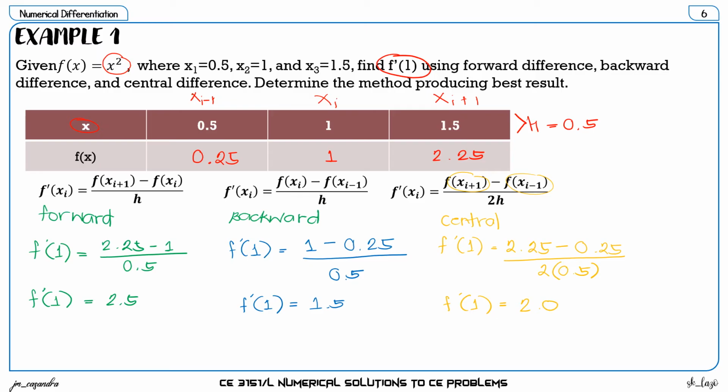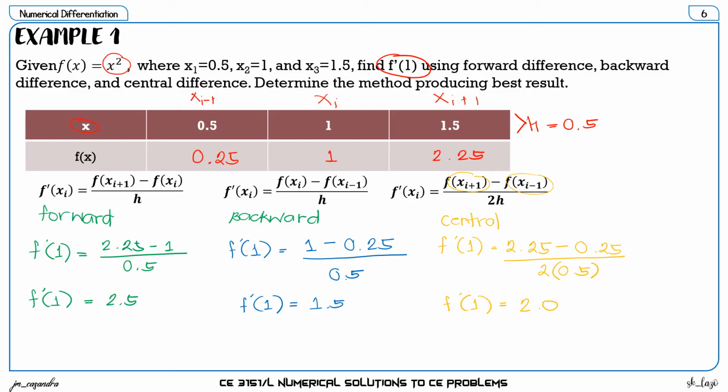So which of the following values is the best, or the result that would yield nearest to the exact value of our derivative? We could check this using our calculus.